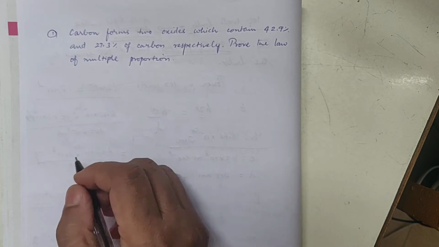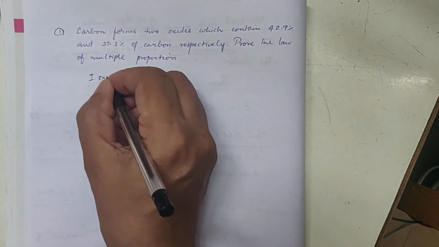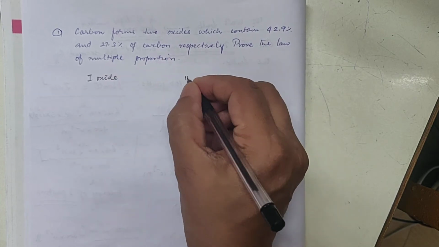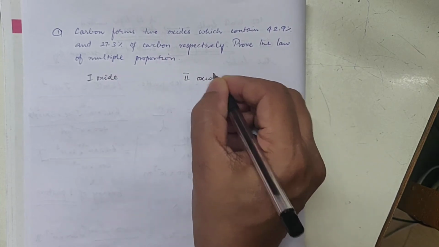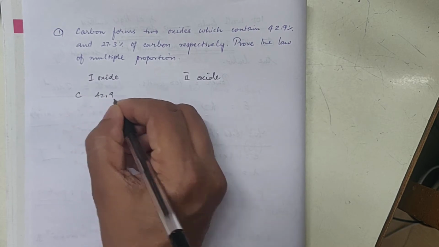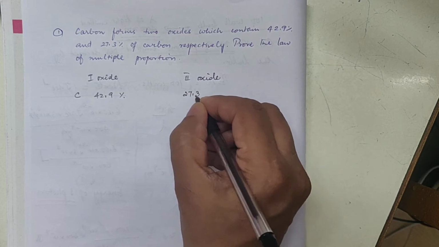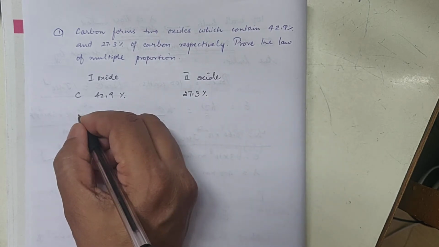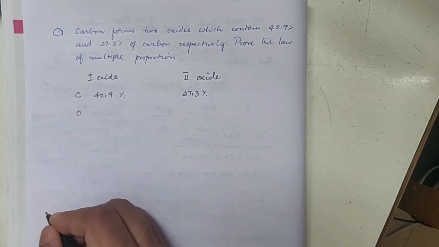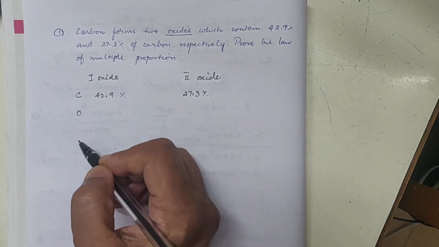Now here, what he has given, you see, first oxide and the second oxide. In the first oxide you have carbon 42.9% and in the second oxide you have 27.3%. So what will be the percentage of oxygen? It is forming an oxide, so carbon and oxygen both are there.